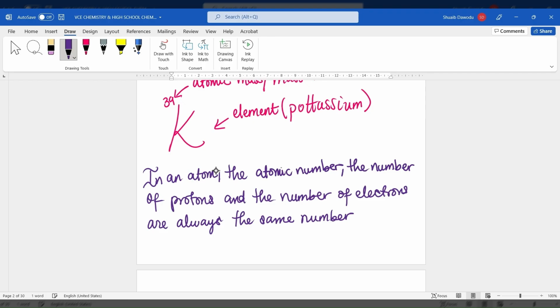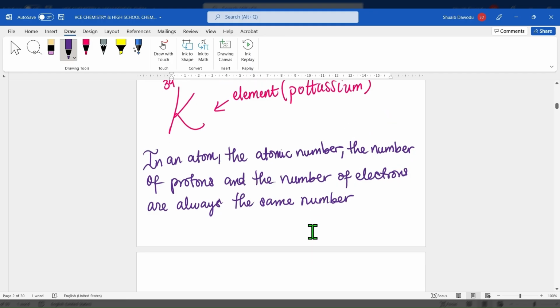So what this is telling you is that in an atom, the atomic number, the number of protons, as well as the number of electrons are always going to be the same. The reason why I have to say this is because some students do not realize that in an atom, the atomic number, the number of protons, as well as the number of electrons are always going to be the same number.